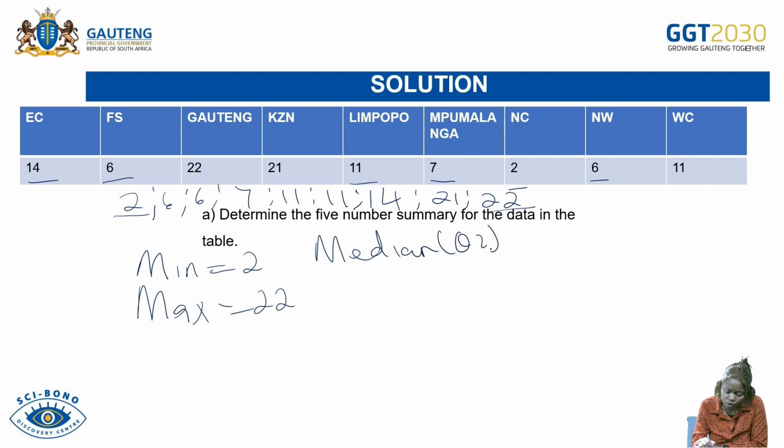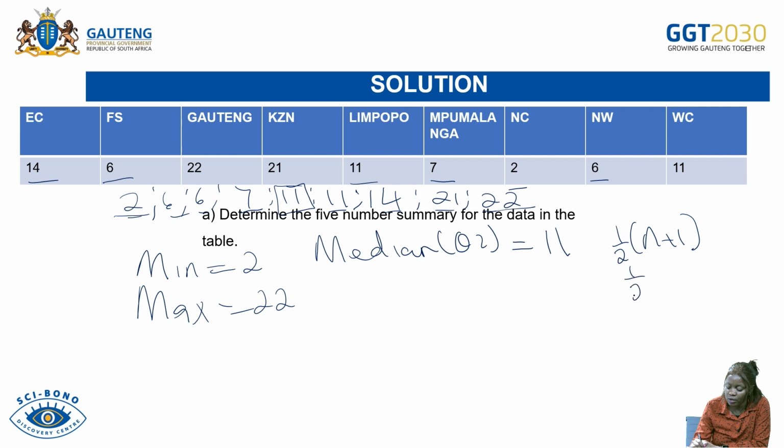And then you have the median, which is your Q2, the middle value of the data set. In that case, it is going to be given as 11. Let me check: 1, 2, 3, 4, and 1, 2, 3, 4. So the middle value there is 11. But you can also use the formula 1 over 2 into n plus 1.